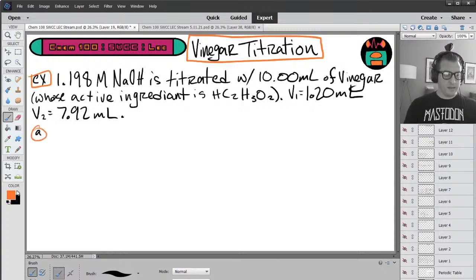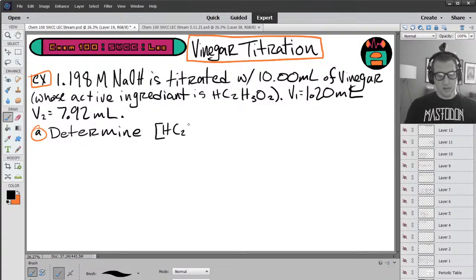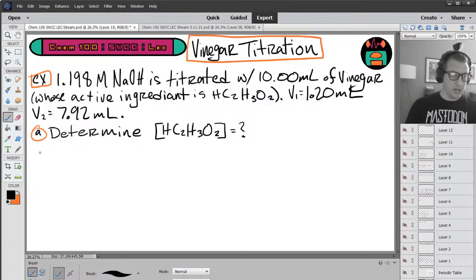Part A. Determine the molarity of acetic acid. What is the molarity of acetic acid?